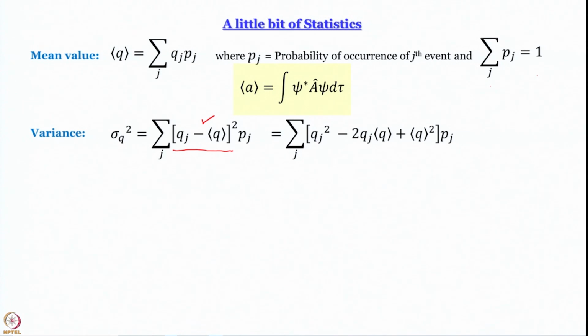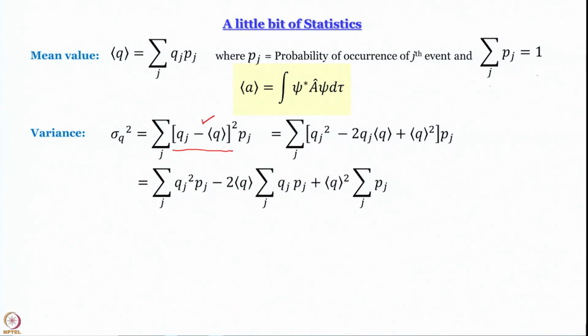So, that average value can come outside the summation, and the third term will be, again since square of average of Q is a constant quantity, it can come out, and the third term will be square of average value of Q multiplied by sum over j Pj. Let us write it.